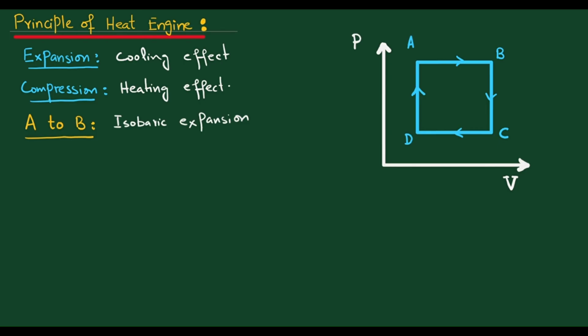And due to this cooling effect, the heat from the surroundings can flow into the system. Let's say it is a Q1 heat which is entering the system due to its expansion, and isobaric expansion causes the cooling effect.